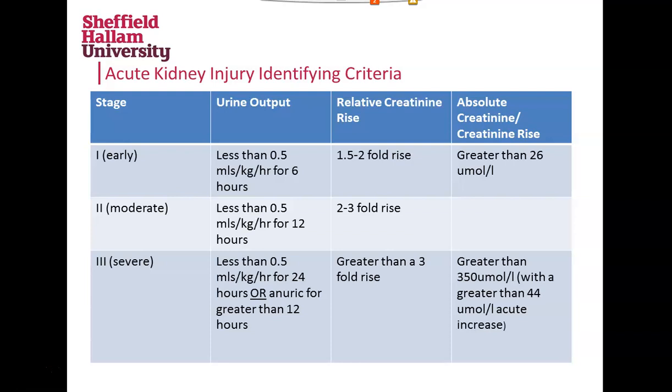So let's say they're a 60 kilogram patient. We would be wanting 30 mils of urine per hour, but actually we've only had 20, and that situation's gone on for 6 hours. So that would be looking at the urine part.